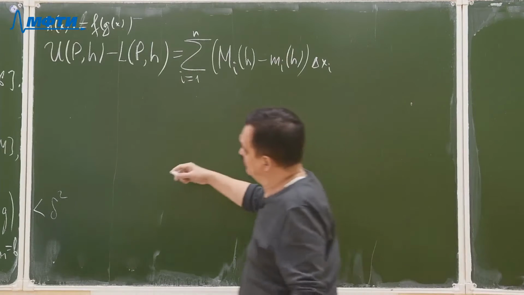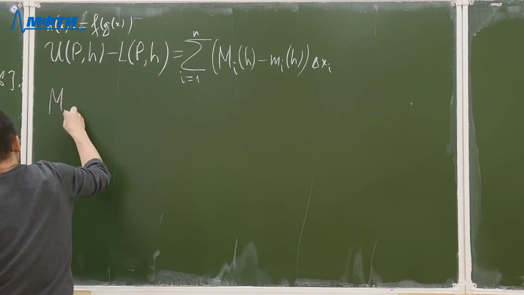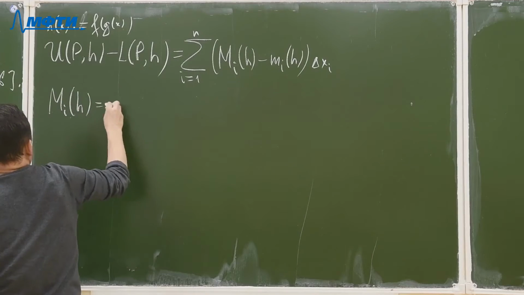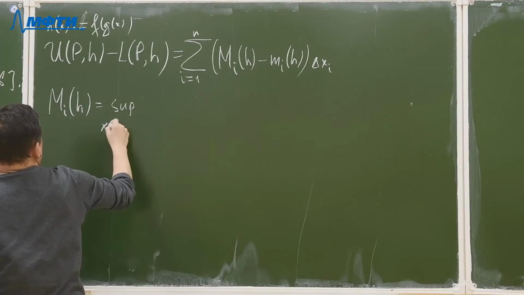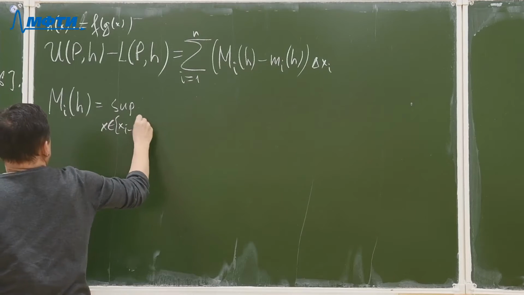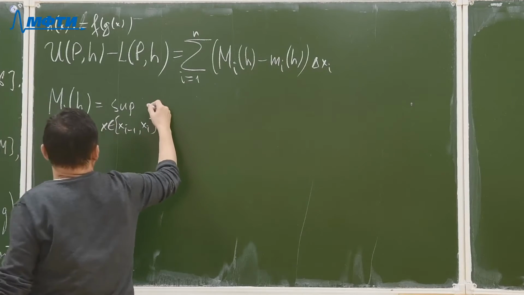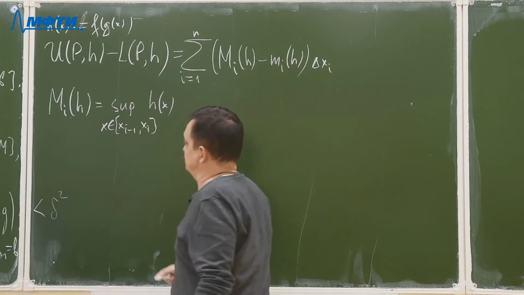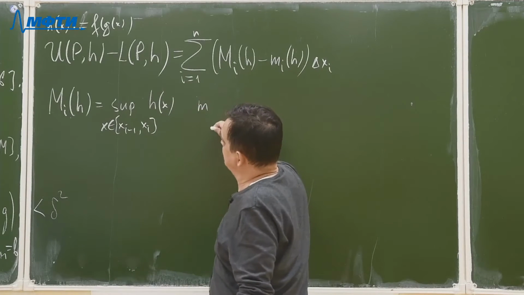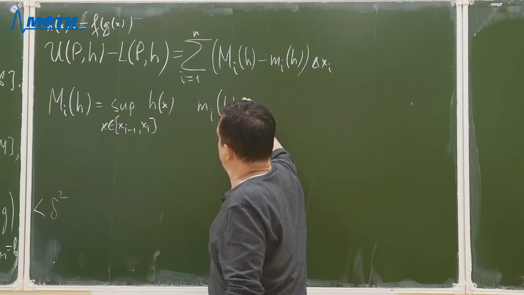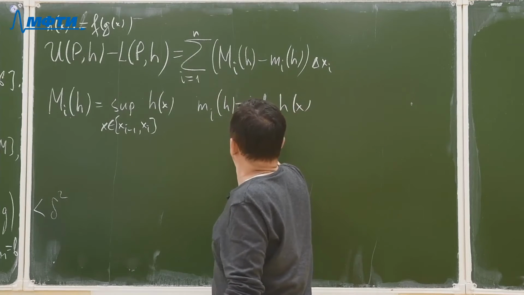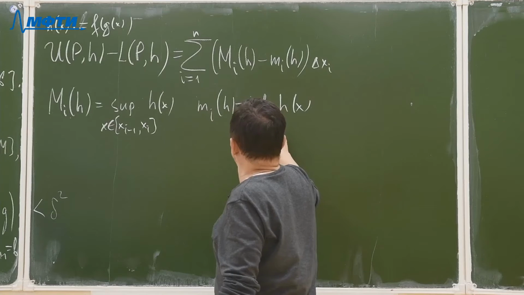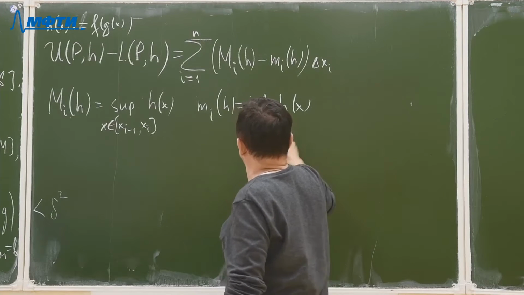What is capital M_i of the function h? That is the supremum over the interval [x_{i-1}, x_i] of h of x. And analogously, little m_i of h is the infimum of h of x on [x_{i-1}, x_i].